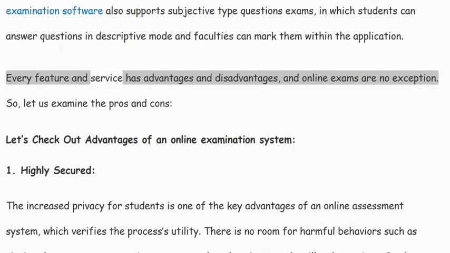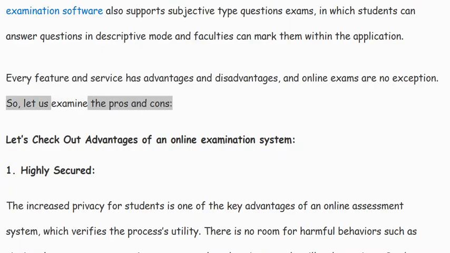Every feature and service has advantages and disadvantages, and online exams are no exception. So, let us examine the pros and cons.